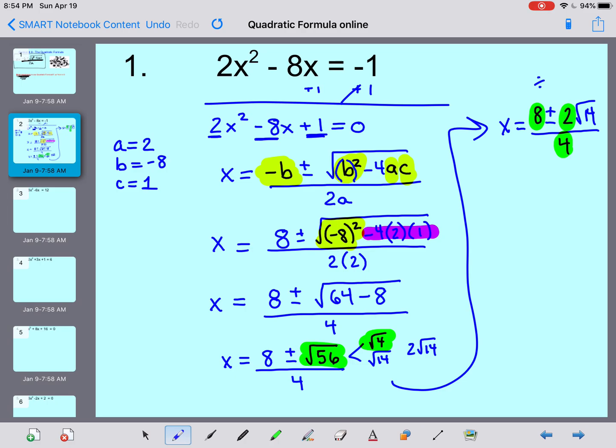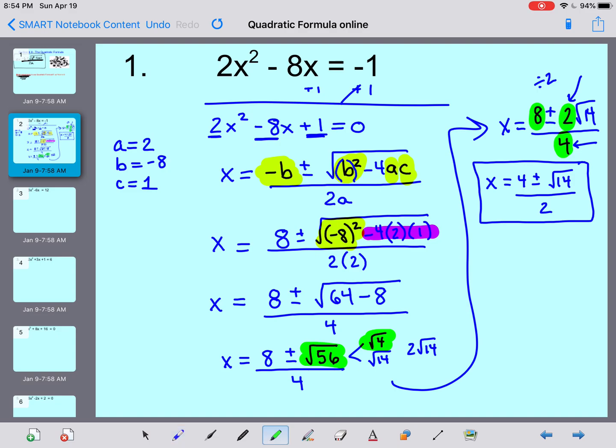So I'm going to divide all of those green things by 2. So this would become 4 plus or minus. This one would become a 1, but I'm not going to write 1. It's going to disappear and become invisible. Divided by, and then on the bottom here, 4 divided by 2 is 2. This is then my final answer. Notice that I cannot divide this 4 in 2.